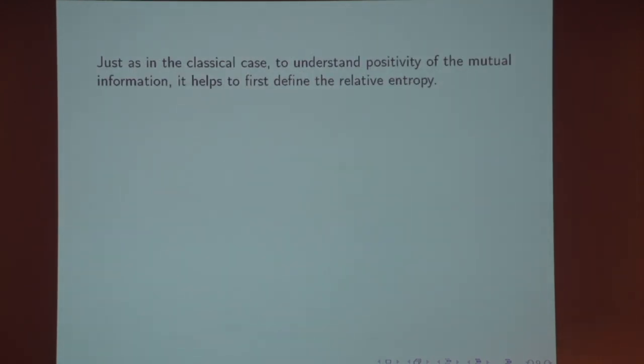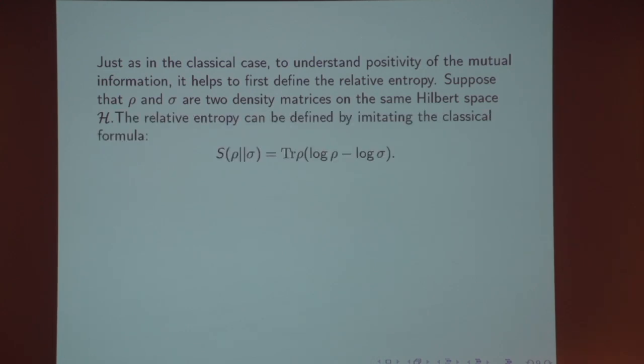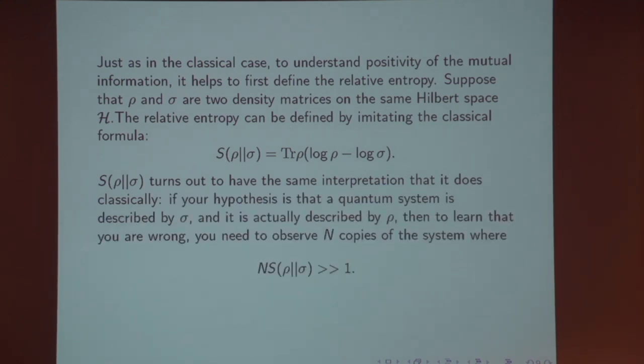Now, just as in the classical case, to understand positivity of mutual information, it helps to first define the relative entropy. Suppose that rho and sigma are two density matrices on the same Hilbert space H. Then the relative entropy can be defined by imitating the classical formula. It turns out to have the same interpretation that it does classically.